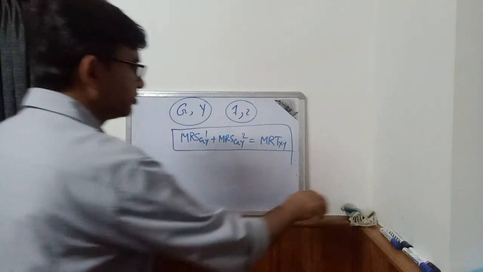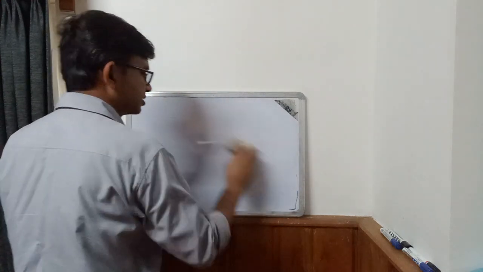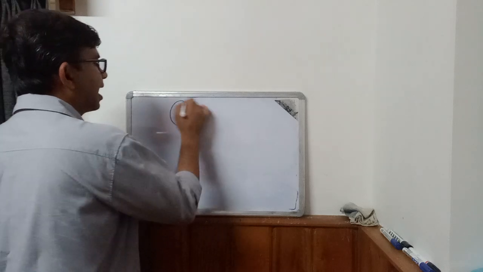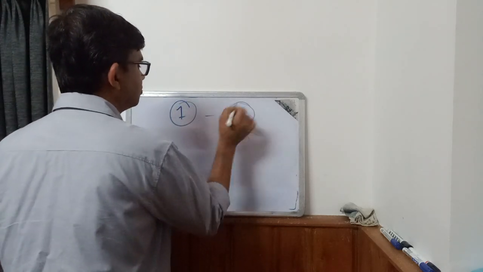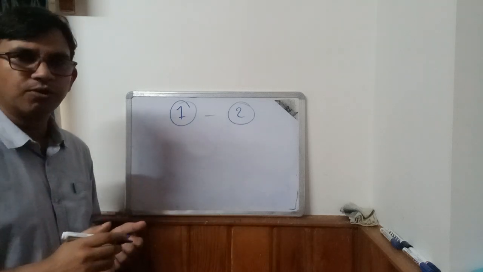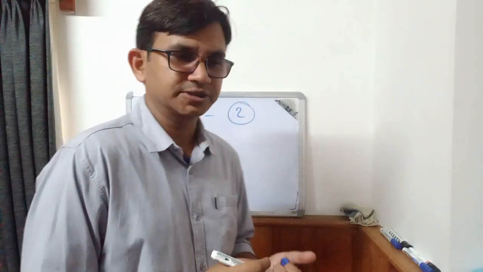So let us take a simple example. There are two consumers, consumer 1 and consumer 2. During the time of Diwali, both purchase sweets and fireworks.